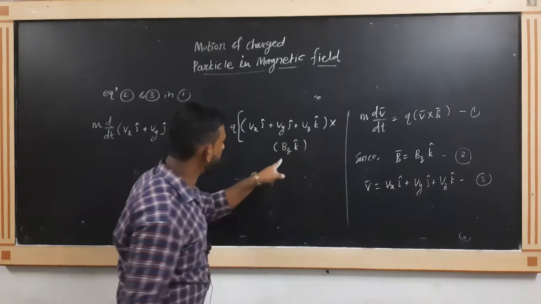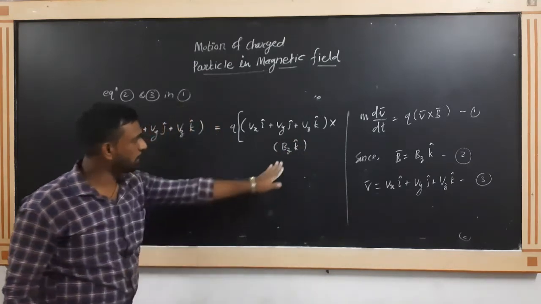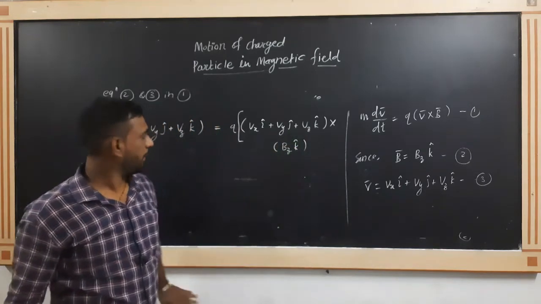The magnetic field direction is only along the k axis.